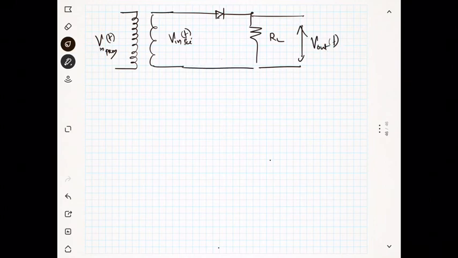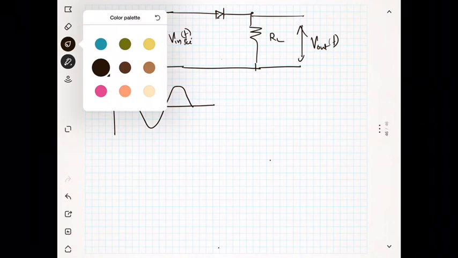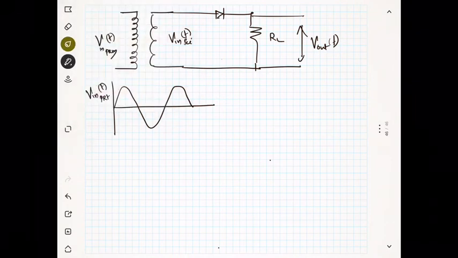This is what the rectifier is. Now V in primary I can represent like this. This is my V in primary of t. I will call the maximum voltage at this point VP primary.